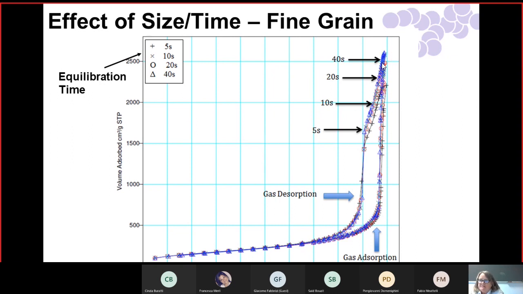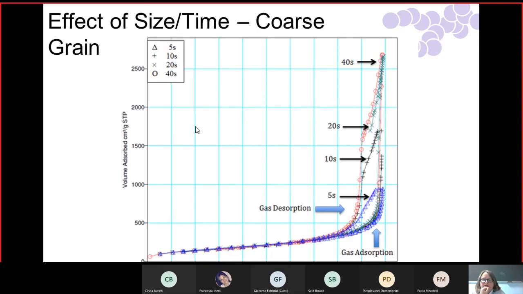And the 5-second probably took a day. And you can see there is some difference, but they are fairly similar because I have a fine grain, a small powder. So for the equilibration time, probably 10 seconds was fine. And if I look at the coarse one, so this is the big pieces that are almost a centimeter, I have a very different result.